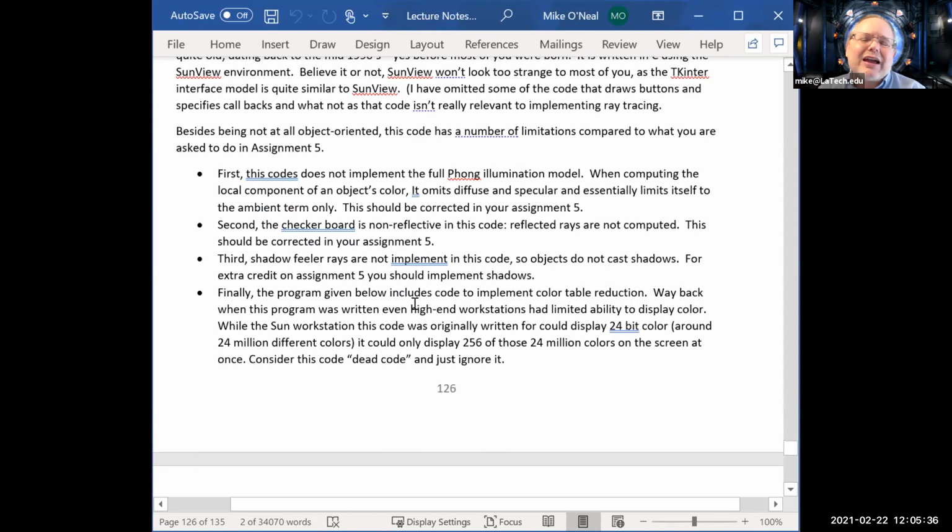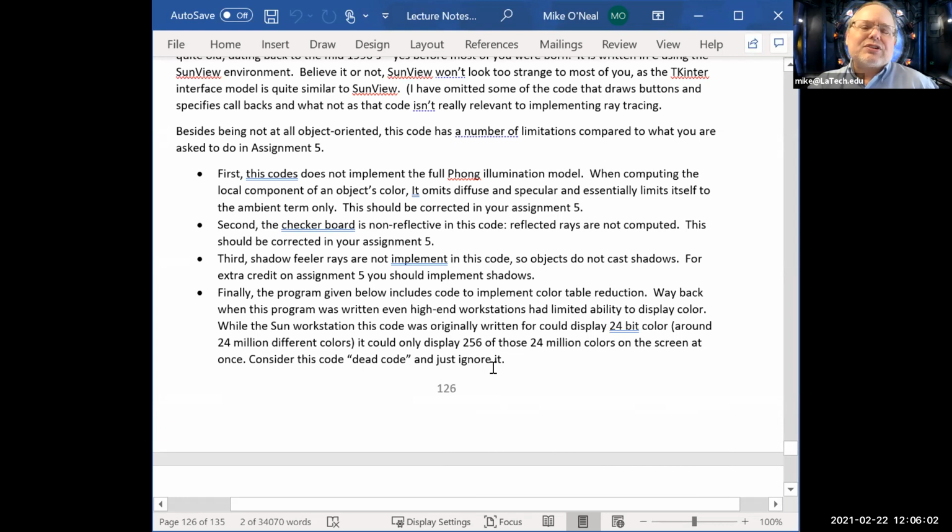And this code has a color table reduction mechanism in it that's a holdover from the time before you were born, because computers, even high-end workstations that cost $10,000 to $20,000, could show color, but they were limited in how many colors they could put on the screen at one time.